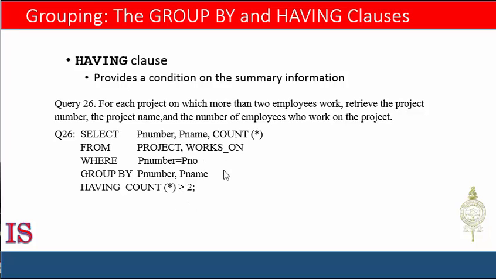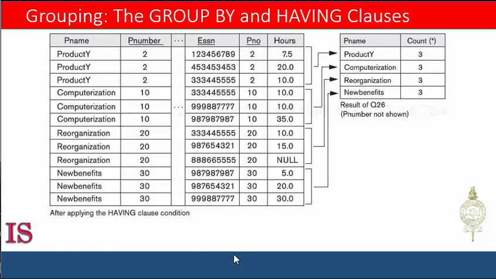Let's see how this looks. Here is what was queried. And as you can see, every one of these projects had more than two employees. And here is what is displayed. Product Y had 3 employees.